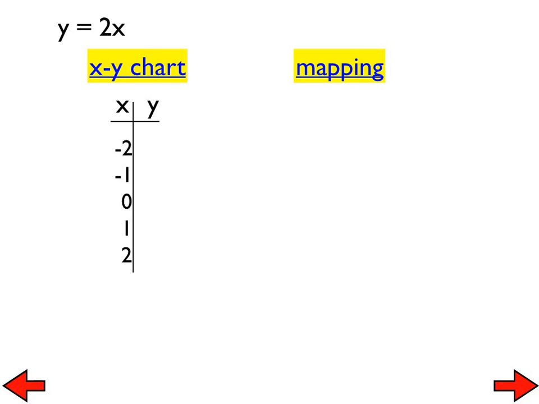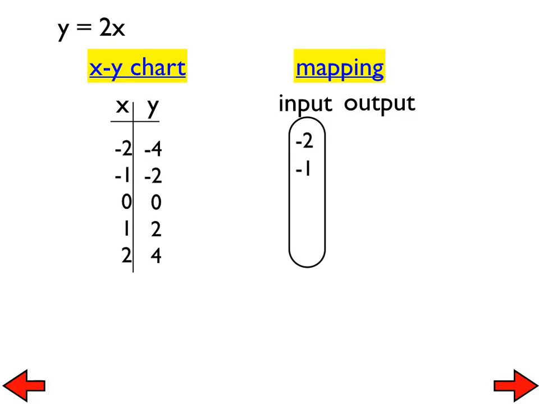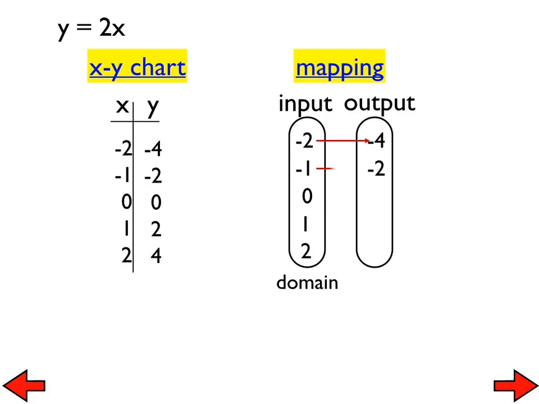If I did it in terms of a chart, which is one of the things you were supposed to do last year, and I picked some random x numbers, those would be the corresponding y values. So we have a domain and a range, or input and output. If I translated that over to a mapping, it would look something like this. When the input is -2, the output is -4, and so on.